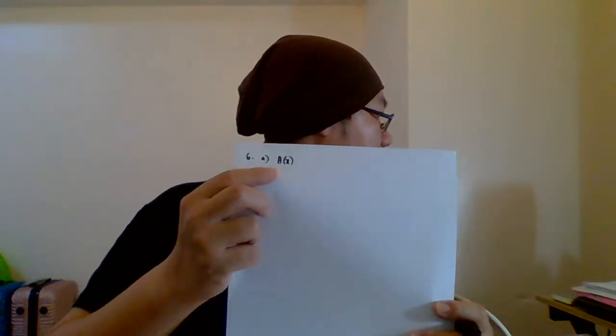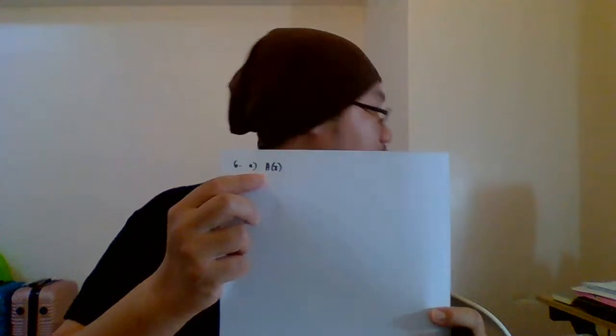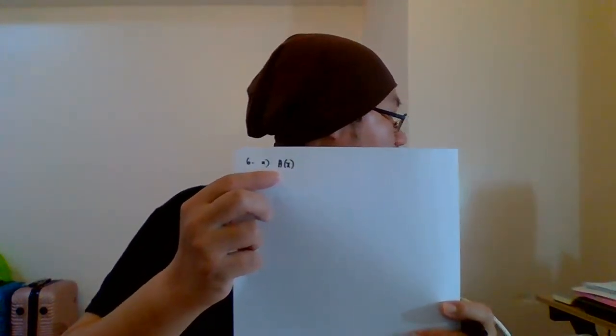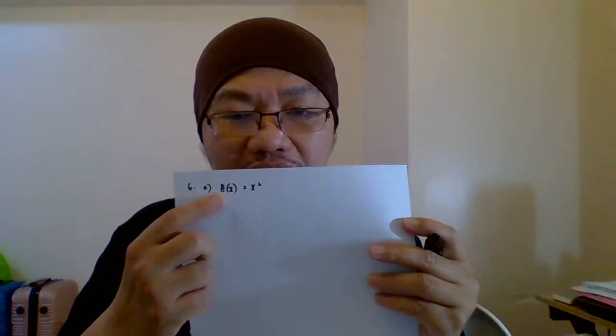Dia kata apa? Write down the area of the box as a function of x. As a function of x, that means x is the object. That's why I write A bracket x. So the area is actually equal to x squared. That's the answer. The function of A in terms of x equals x squared. Double check jawapan.